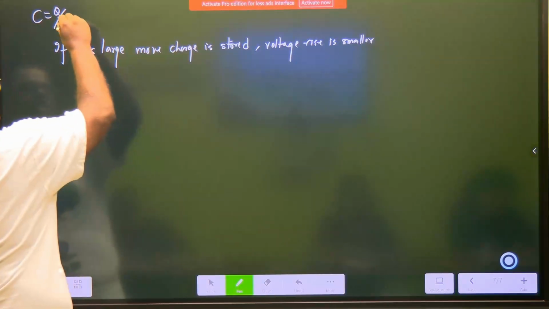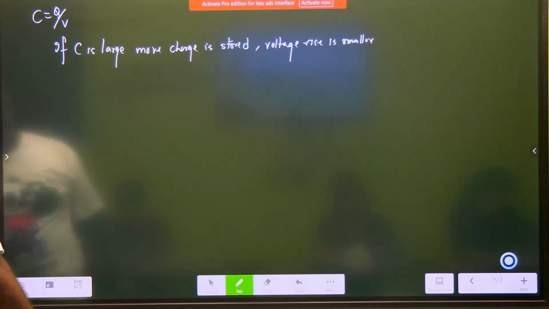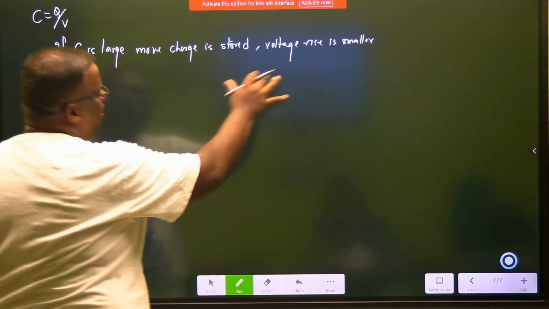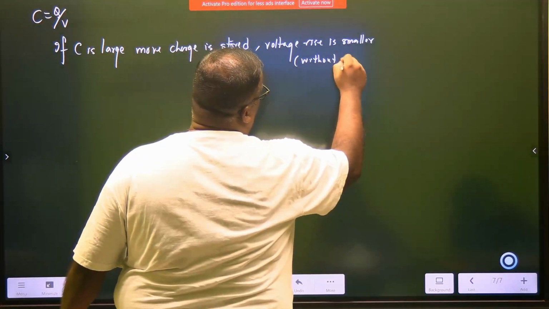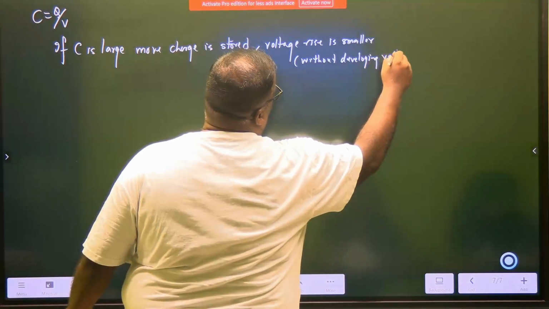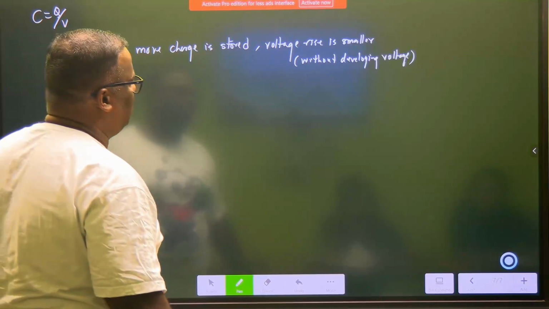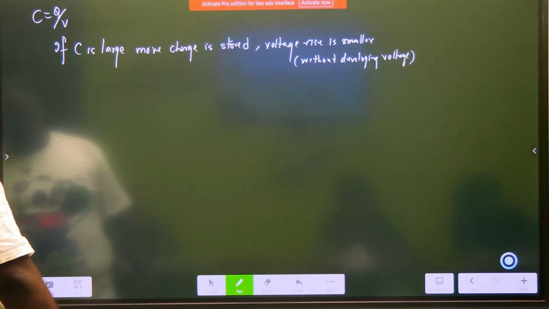The voltage will rise but will not rise that much. You are able to store more charge. Large capacitance means more charge stored without developing much voltage. A capacitor is basically a charge storage device. You are able to store more charge without developing much voltage.